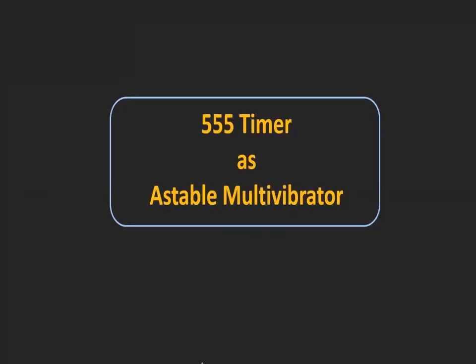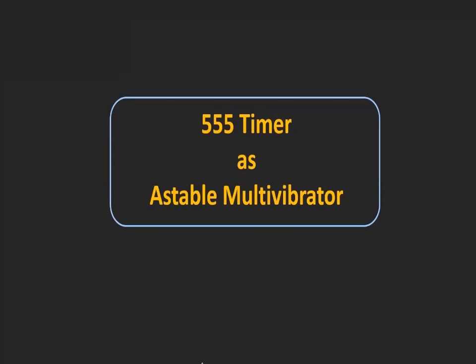So, what is an astable multivibrator? An astable multivibrator is a circuit which is going to generate a square wave, which produces oscillations such that it oscillates between two different voltage levels, that is, a high level and a low level.